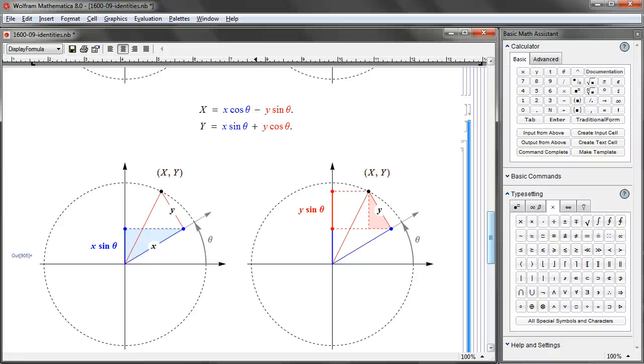Now we have to go up a little bit further to reach capital Y. So what do we look at? We look at that red triangle on the right hand side. Hypotenuse is this time y, so the vertical is y sine of theta. By adding those two up, you get capital Y. That's how we get this result. Capital Y is x sine of theta plus y cosine of theta.